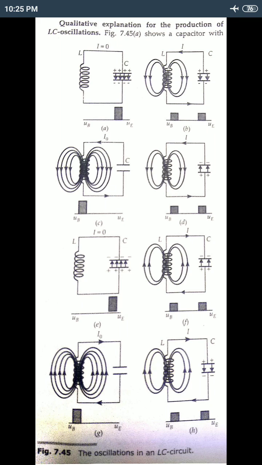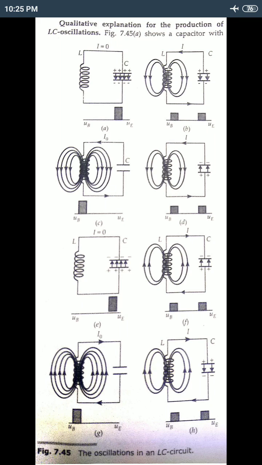Now as the circuit is closed, in the second figure the capacitor begins to discharge itself through the inductor. This is the very first process: we replace the battery by an inductor, then the capacitor starts discharging. In the first figure, suppose there are 4 positive charges.